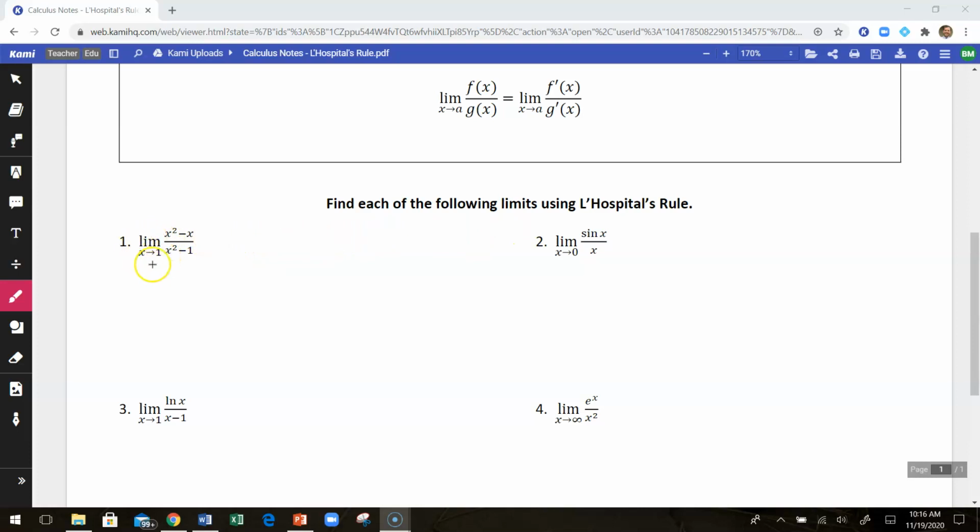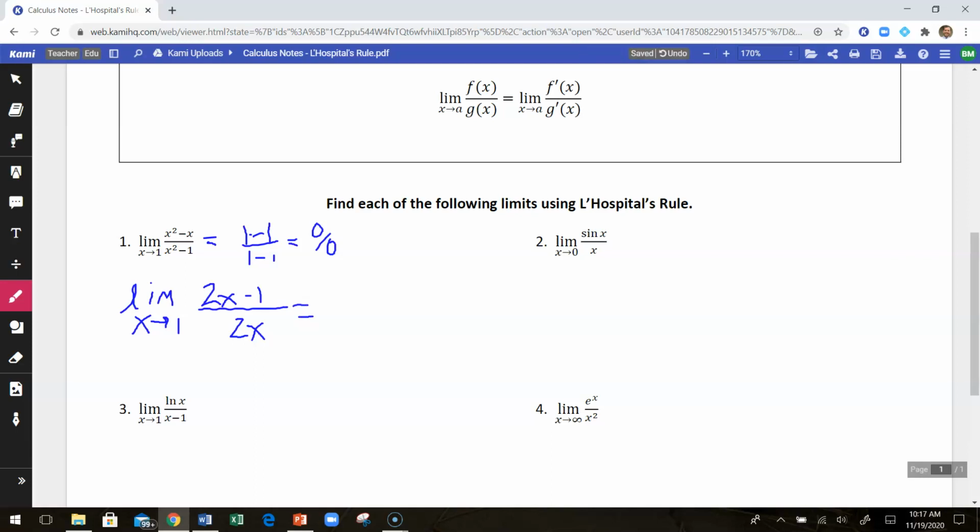On this first one, if I were to plug in 1, I would get 1 minus 1 over 1 minus 1, which is 0 over 0. Because we get that indeterminate form, L'Hopital's rule says we can reevaluate the limit as x approaches 1, and all I need to do now is take the derivative of the top, which is 2x minus 1, and the derivative of the bottom, which is 2x, and then I can reevaluate this limit by direct substitution.